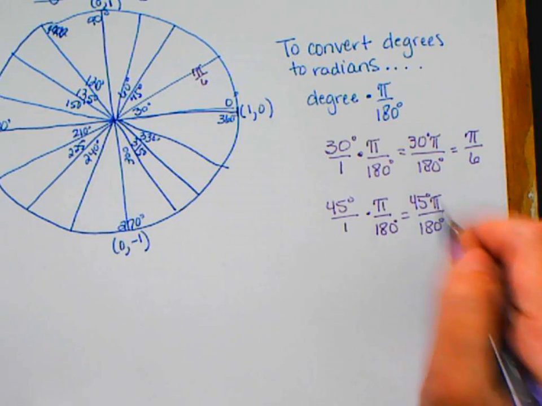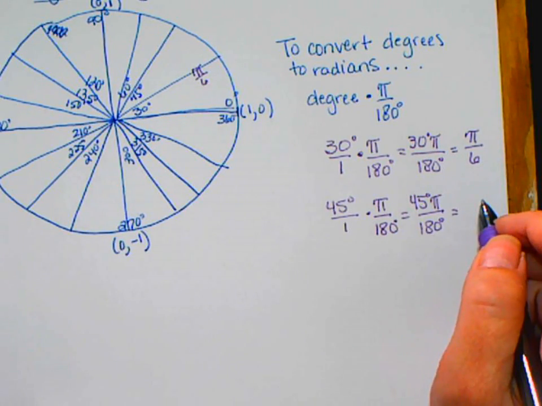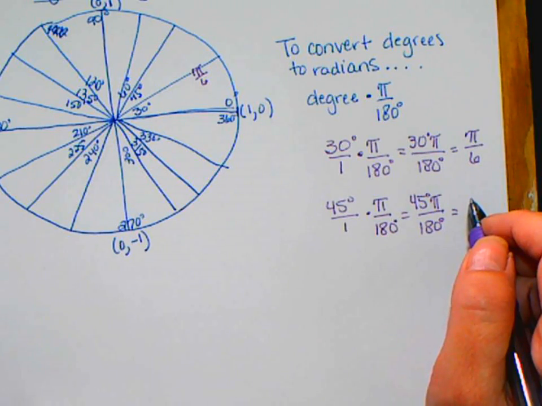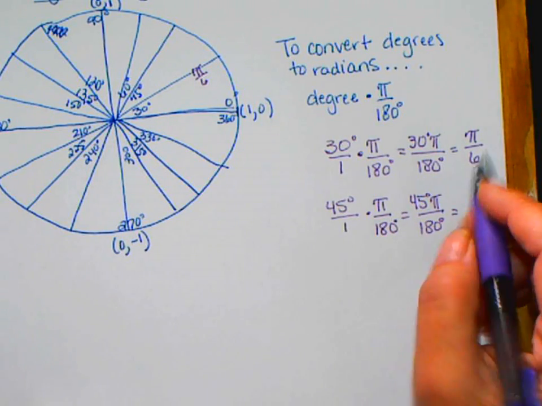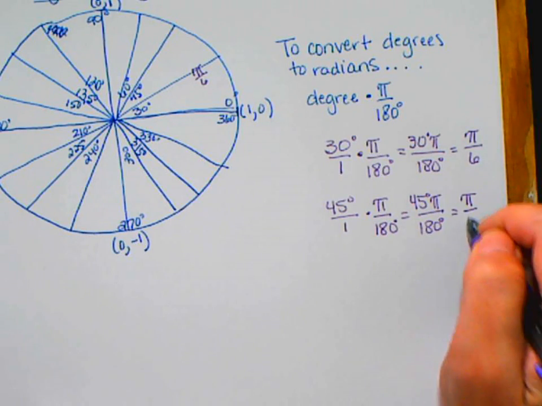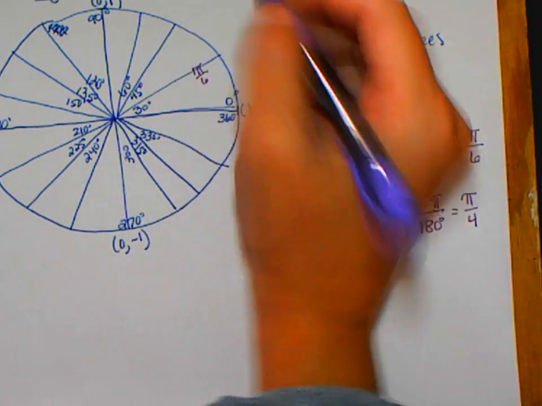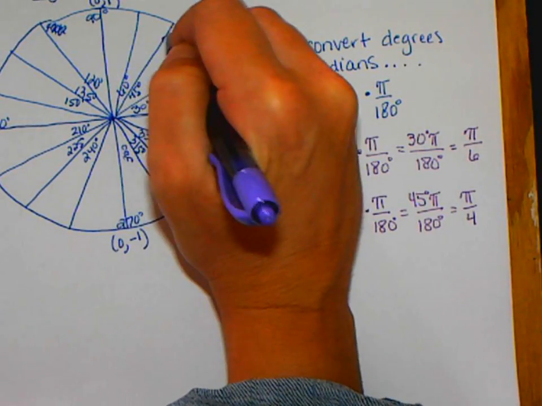The degrees would cancel. And I could reduce 45 and 180. 45 goes into 45 once. 45 goes into 180 4 times. So that would give me pi over 4 radians. Usually when you see pi, you know that's radians. If there's no degree symbol, you know it's radians, okay? So 45 degrees is pi fourths.